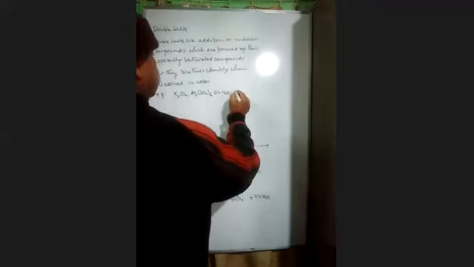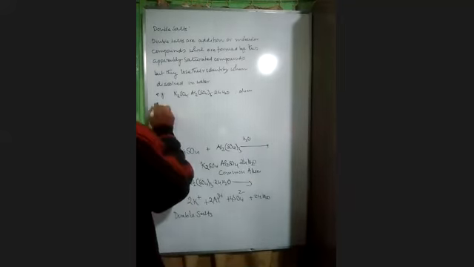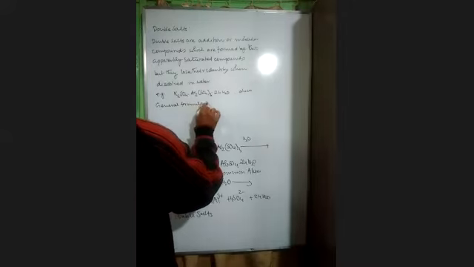Okay, so this we call it alum, or common alum. This is the one which is being used for the purification of water. Okay, so what is the general formula of alum?